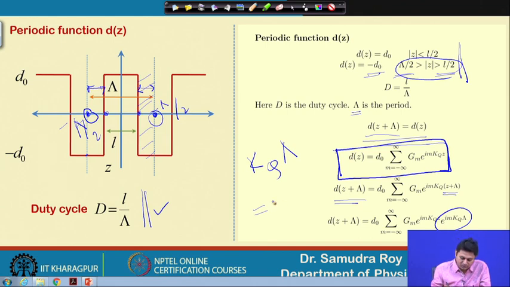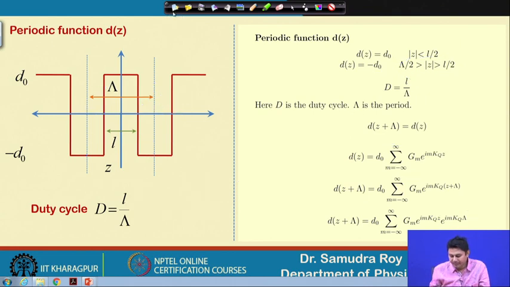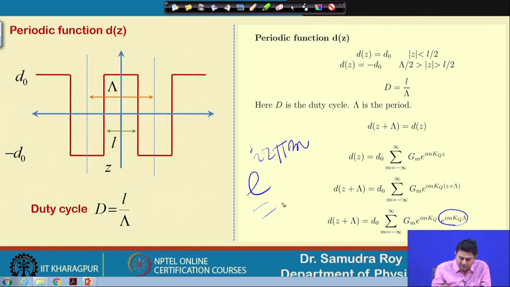It is 2 pi, because K was 2 pi divided by lambda. So, K into lambda is equal to 2 pi. Once we have this, we can replace it by e to the power i 2 pi m, where m is an integer. So, this quantity is eventually 1.